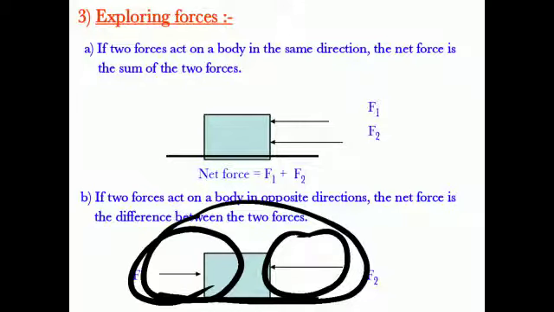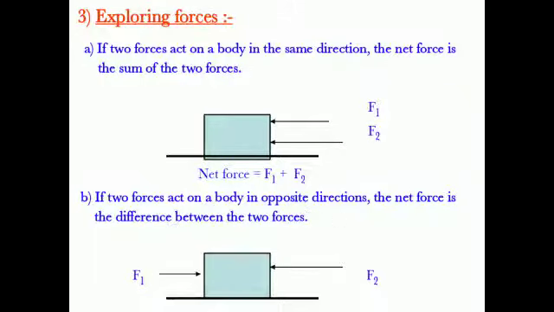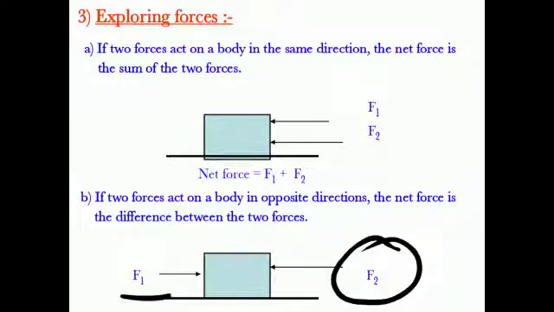So both of you are applying force in opposite directions. Here the net force will be the difference between the force applied by you and the force applied by your sister. If both of you apply the same magnitude of force, then the answer will be 0. But if you are applying more force and your sister less, then the net force will be the difference between the two forces.